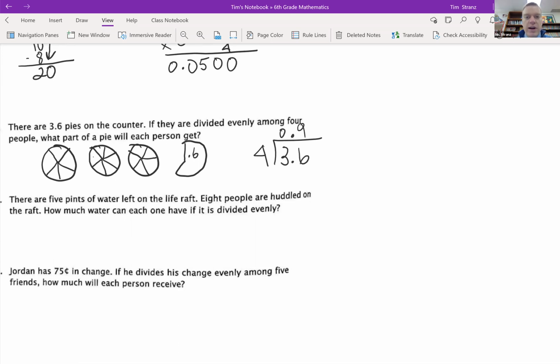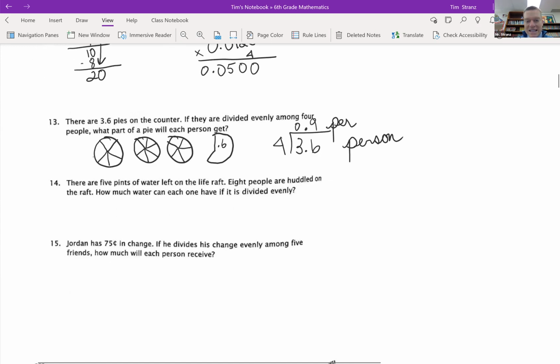Good luck trying to figure out how much exactly that is, 9/10 of a pie, okay? You can't have a whole pie, but you get 9/10. All right, 9/10 per person. I would not want to be the person cutting that. It's going to be very tricky to cut exactly 9/10 of a pie.